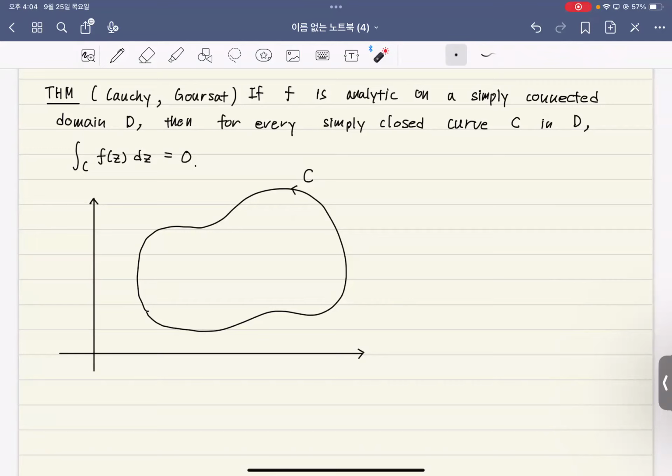And what I want to do from now on is divide this region by some tiny little squares.